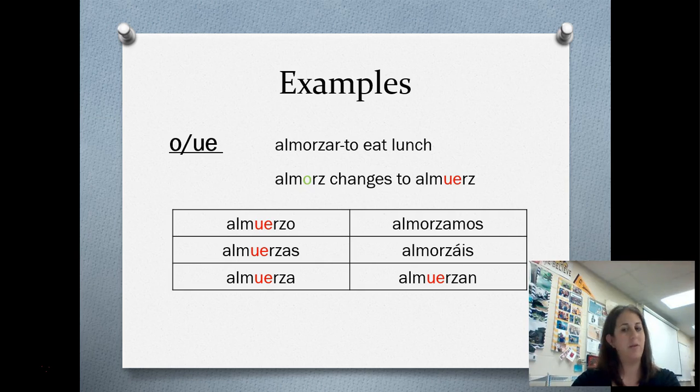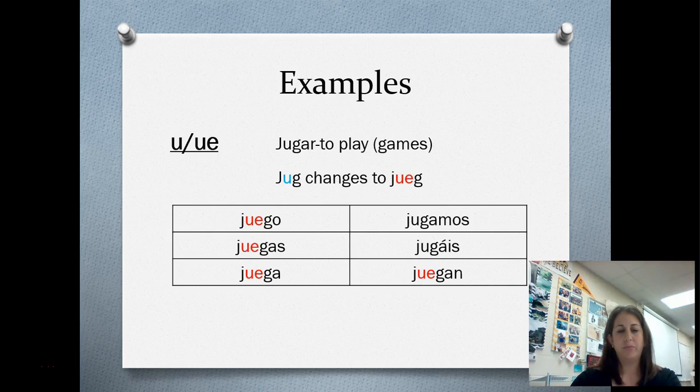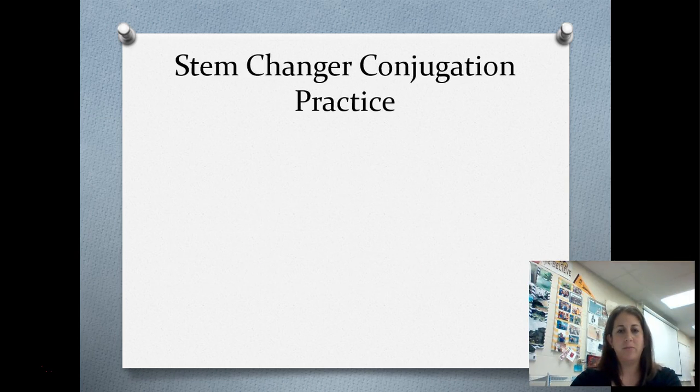Again, notice that we don't have a stem change in the nosotros and vosotros forms. And then finally, our last type of stem change is U to UE, which is our verb jugar. And that U, like I said, changes to a UE. So we have 4 types of stem changers. Make sure that you're comfortable with those 4: O to UE, U to UE, E to IE, and E to I.